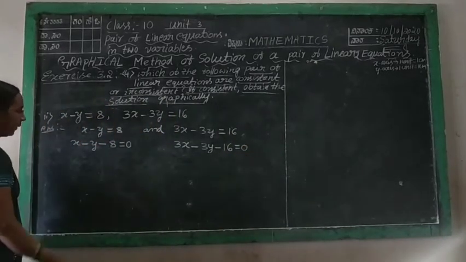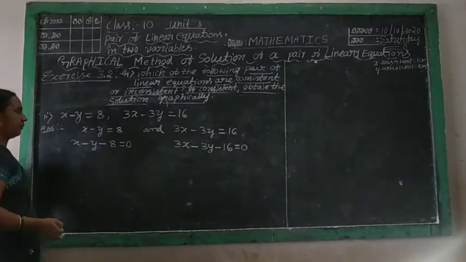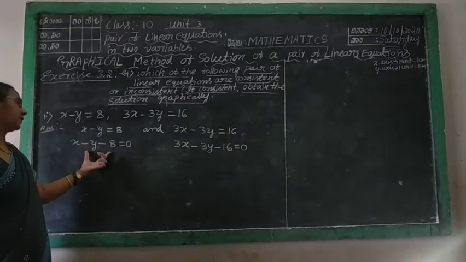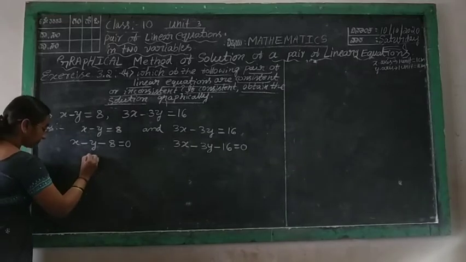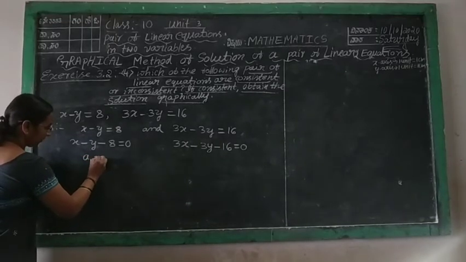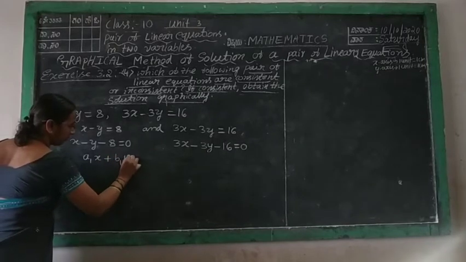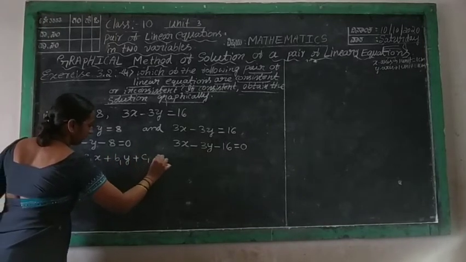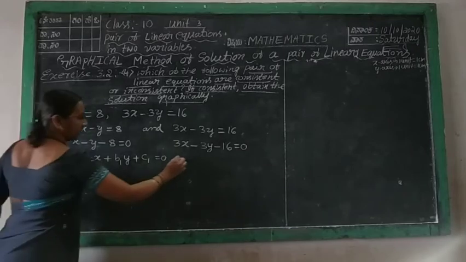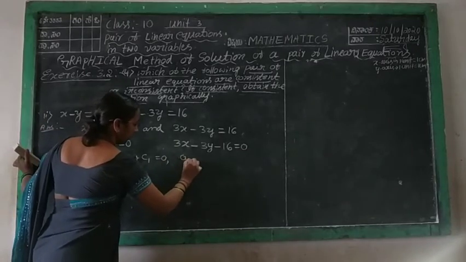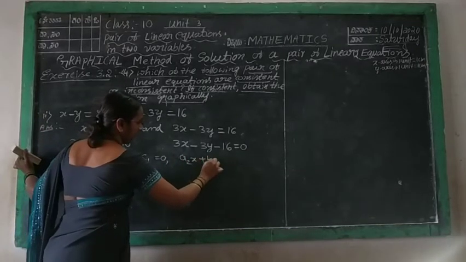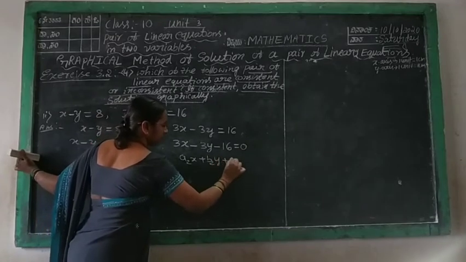Then we will compare the equations with the general form a1x plus b1y plus c1 is equal to 0 and a2x plus b2y plus c2 is equal to 0.